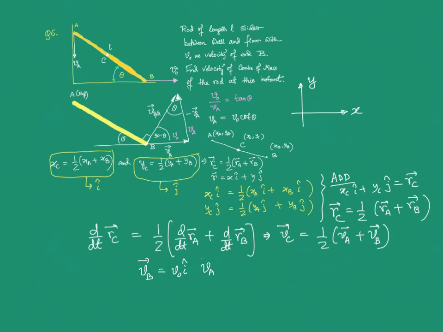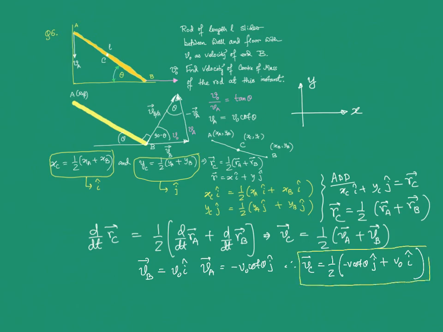Now the velocity of a is minus v naught cot theta times j cap. Therefore the velocity of c is half of minus v naught cot theta times j cap plus v naught i cap. So you can find out the magnitude, but this is in vector form, the velocity of the midpoint c.